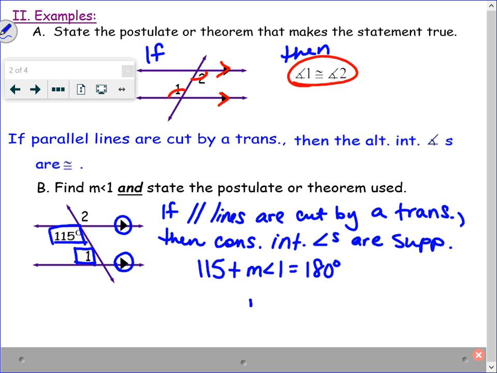So the measure of angle 1 is 65 degrees. It doesn't matter if you find the angle first or state the postulate or theorem first, you just have to do both.